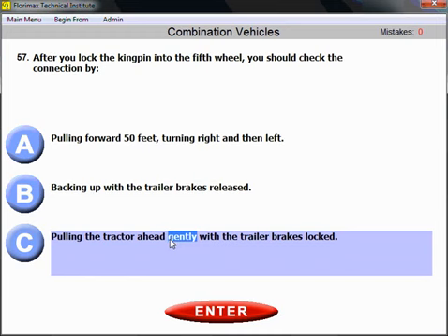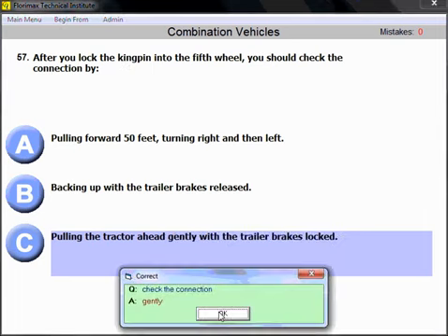Everything you do securely, gently, pulling the tractor ahead gently with the trailer brakes locked. That's how you check the connection between the kingpin and fifth wheel. Pulling the tractor ahead gently.